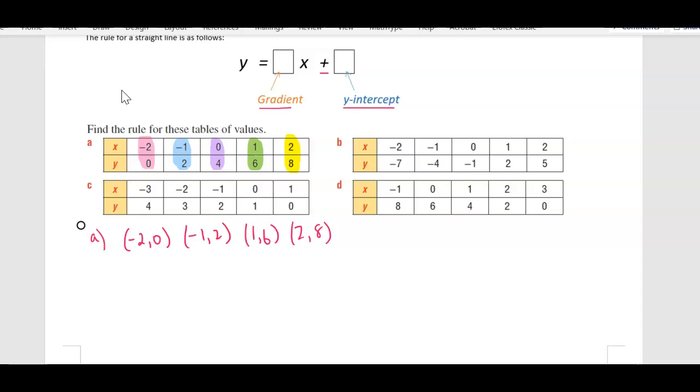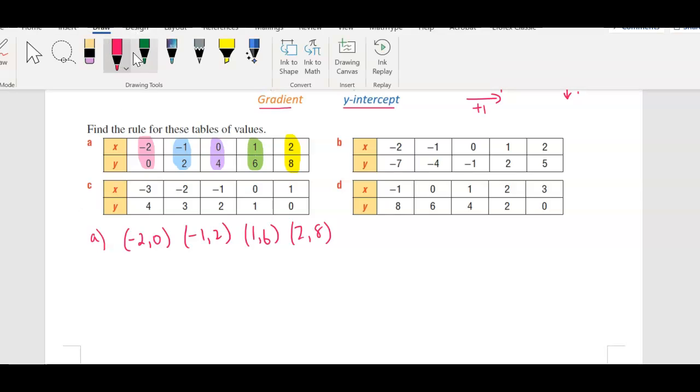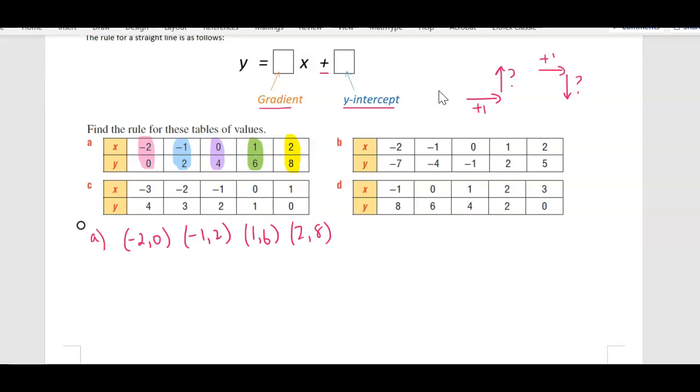Your gradient is basically, every time we go across 1, how much are we going up by? Or we could be going across 1 and going down. So you could have a positive gradient or a negative gradient. We could either be going up or going down.